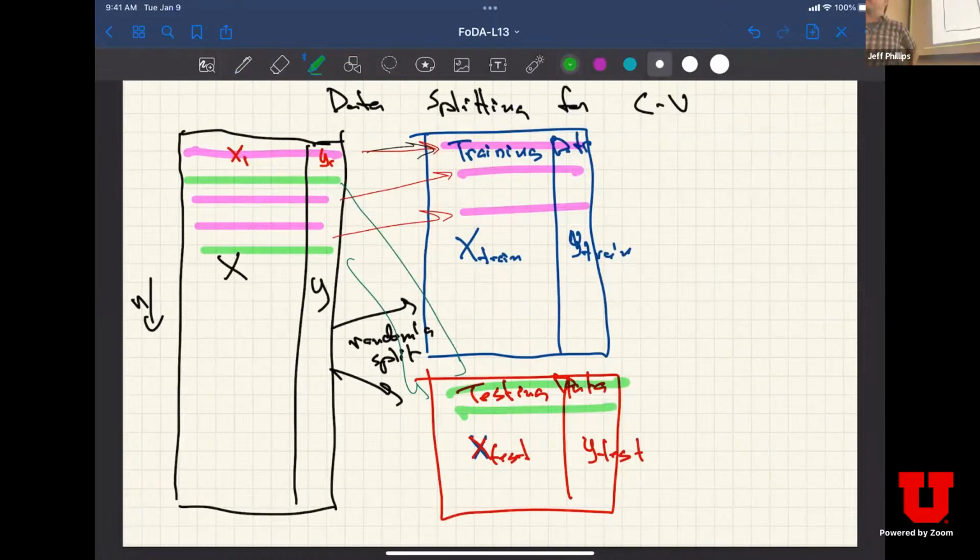Yep. Is there any way of knowing if your class has IID in it? Yeah, so there are ways to.